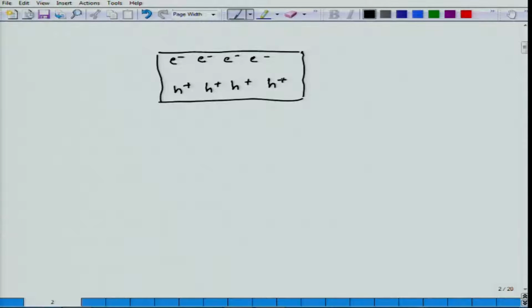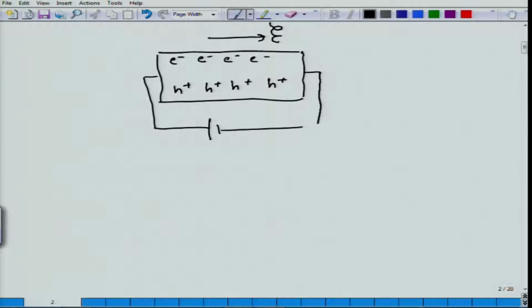When I apply an electric field, and I am going to use this symbol because we have too many E symbols with the E-k diagram, I can apply it by applying a bias to this semiconductor. The holes, which are effective positive charge, are going to move in this direction, and electrons are going to move in the opposite direction.